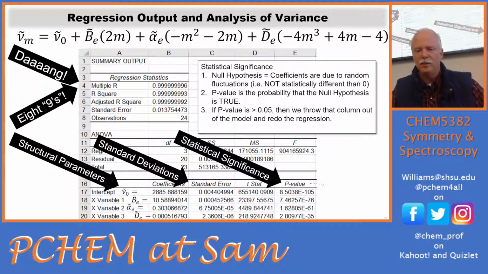So this is a really small probability, 10 to the minus 105. And that's because of 2 reasons. One, the null hypothesis is that vibrational frequency is not statistically different than 0. And here it is at 2,885.